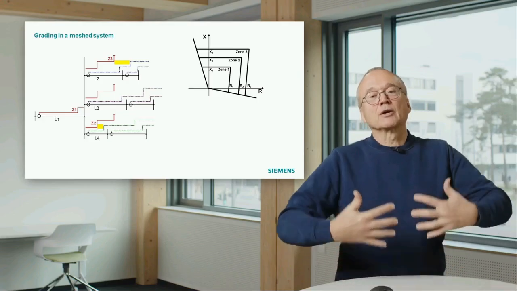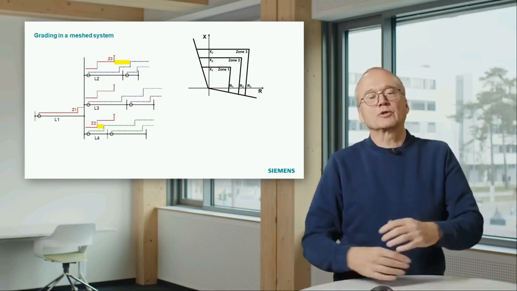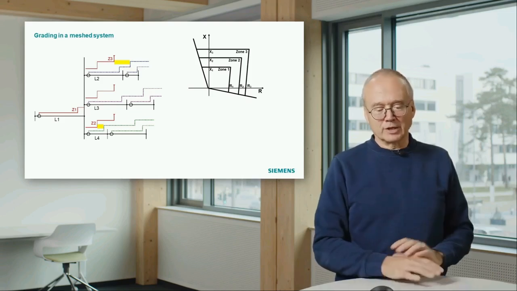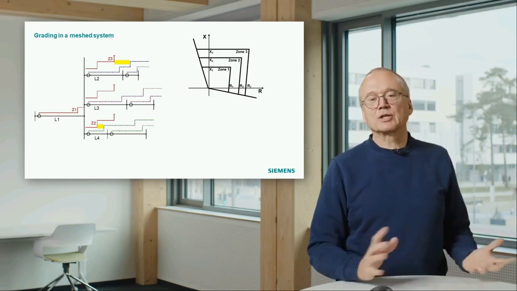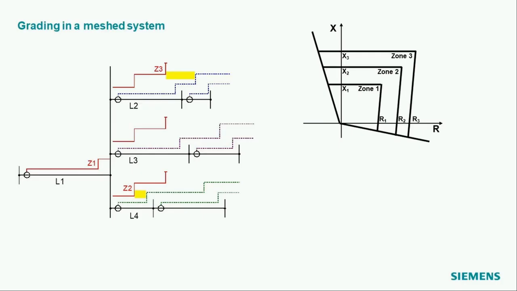And this can be continued not only to zone 2, you can also define a zone 3 and whatever you need in your application. There are different numbers of zones in use.